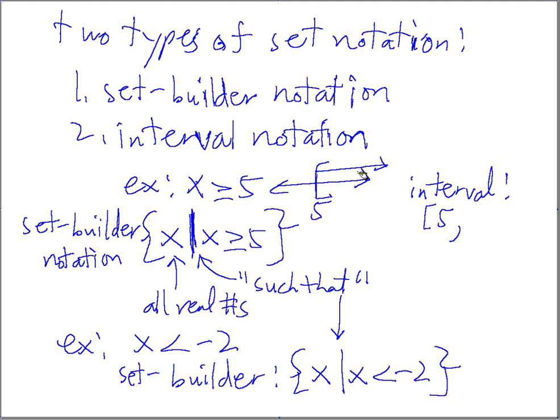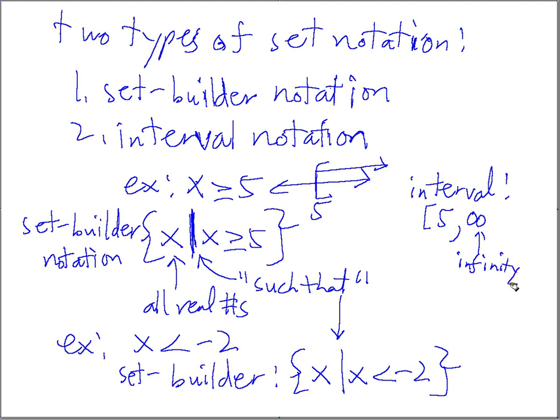All the way out to infinity. How do we write that? Here's the infinity symbol in mathematics, all the way to positive infinity. It's a horizontal looking 8, the number 8 written horizontally. This symbol means infinity.